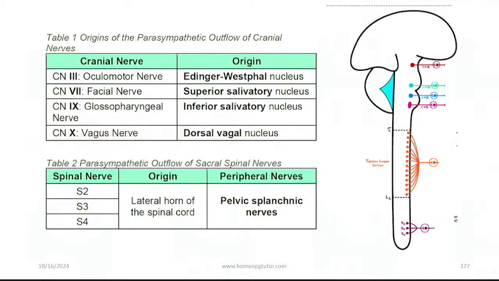Fine. Now coming to the lateral horns of the spinal cord, that is the sacral outflow, it is via the pelvic splanchnic nerves via S2, S3 and S4. Okay, so that was about this one.